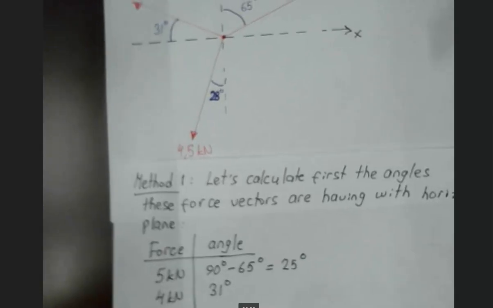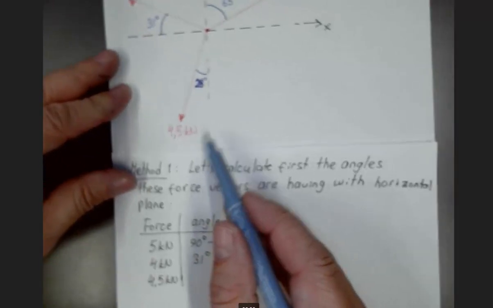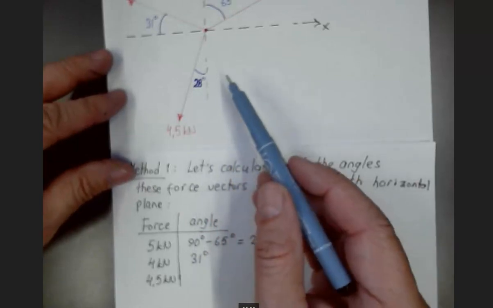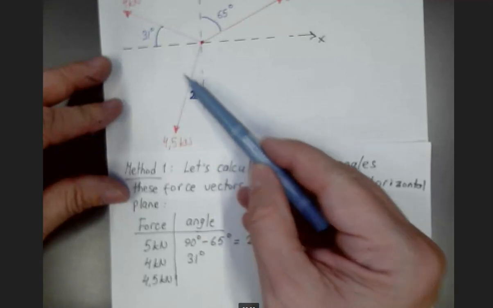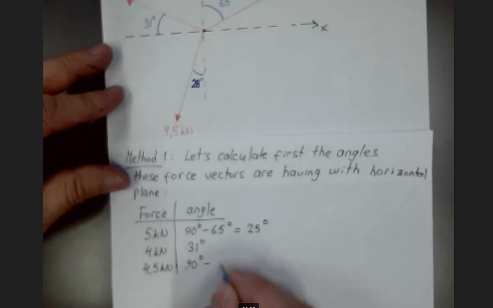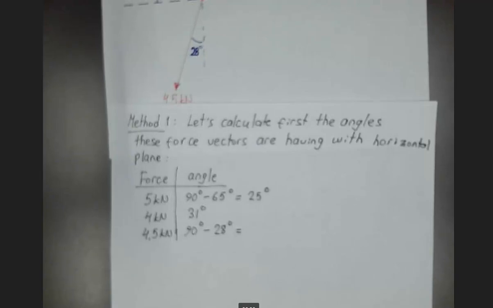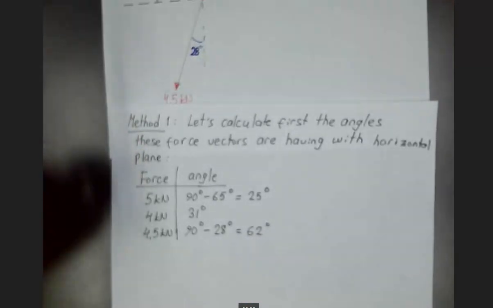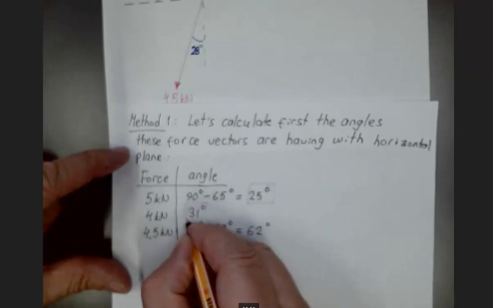And the last vector there, 4.5 kilonewtons, has the angle 28 degrees, which is measured from the vertical plane, but we need to calculate the angle measured from the horizontal plane, so we need again take this subtraction here. 90 minus 28, that will be 62 degrees. So these are the angles which we are using in the calculation.